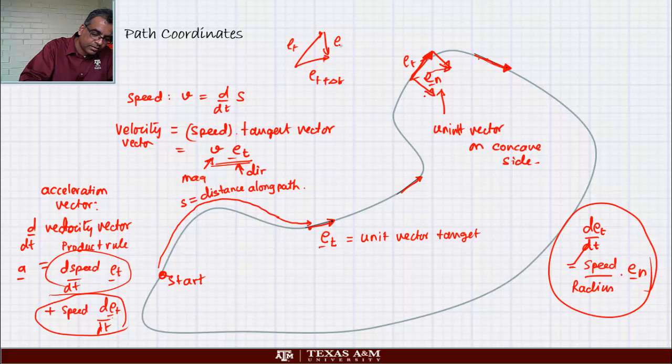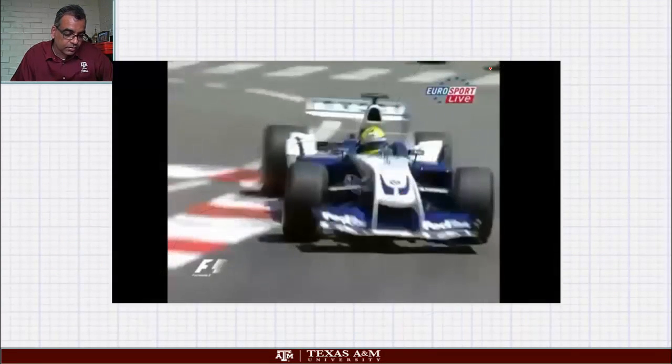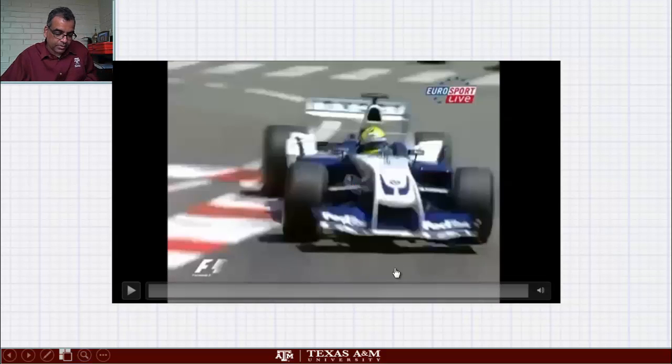This vector is in the EN direction times some constant, and the constant is called the curvature. If it is very sharply curved like that, you can see there is a huge change in the direction. If it is not very sharply curved, it is not such a huge change.